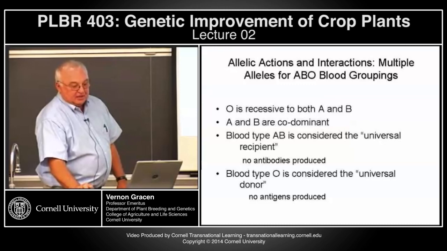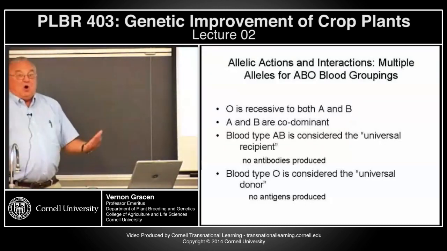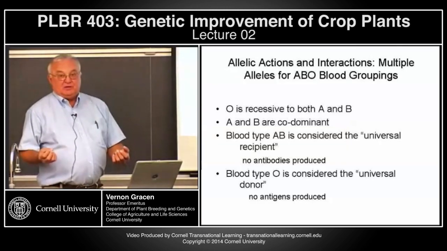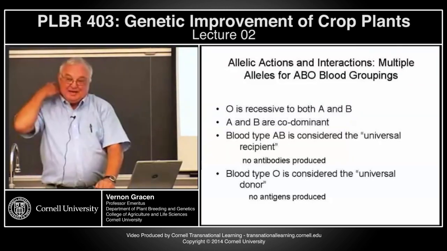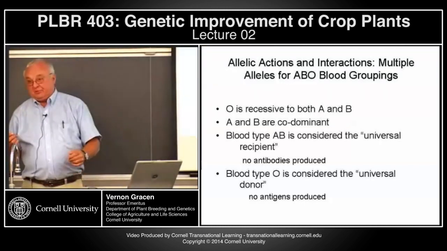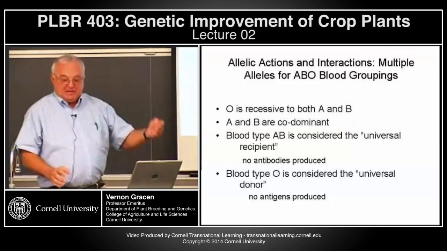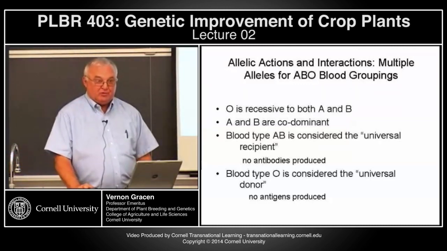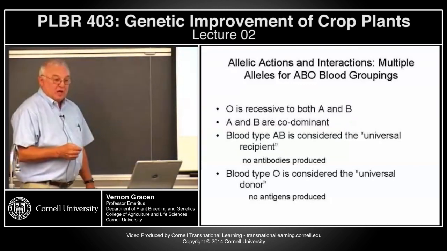So we say that the O allele for blood type is recessive to both the A and the B alleles, but A and B are codominant. In the blood type AB, both A antigens and B antigens are expressed. There is no dominance or recessiveness between those two. They're codominant.